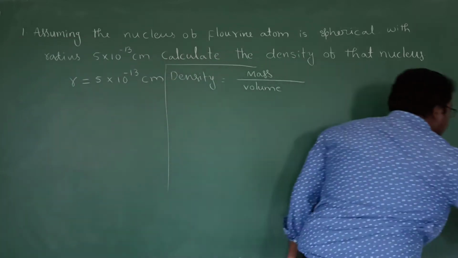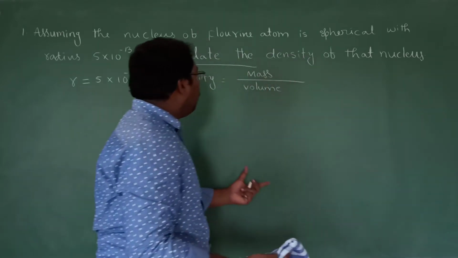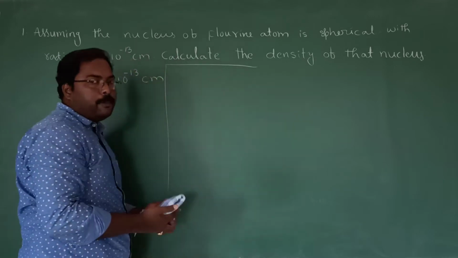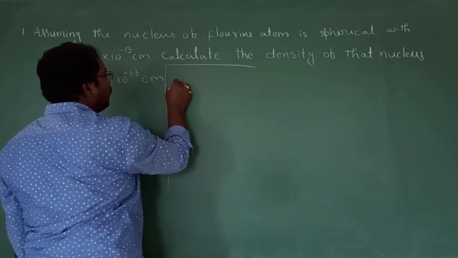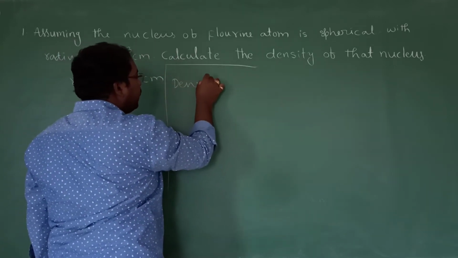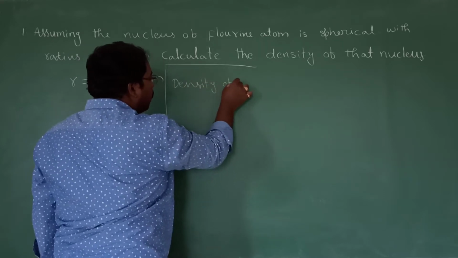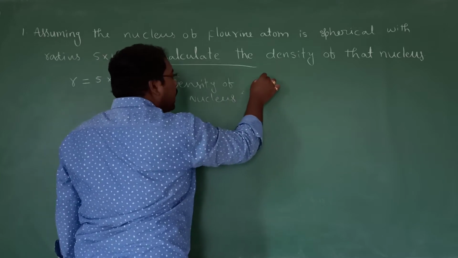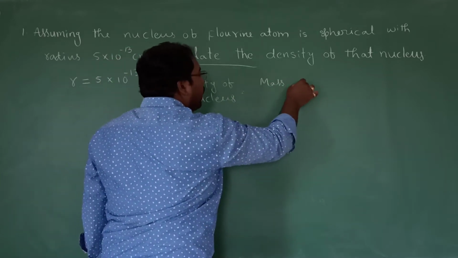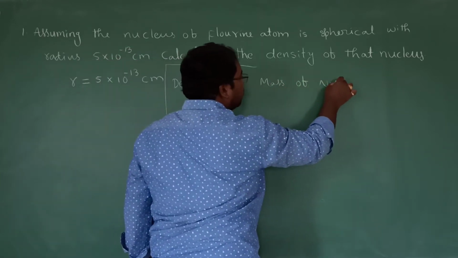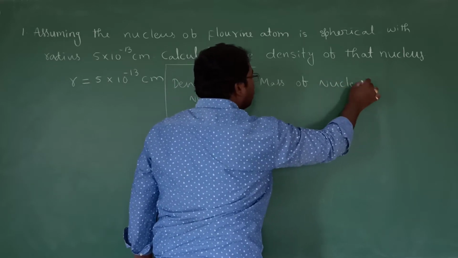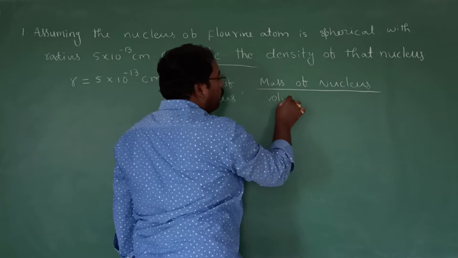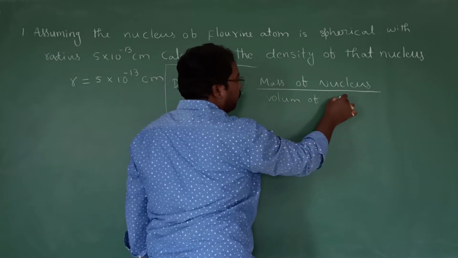Okay? For any substance, density is nothing but mass by volume. So coming to the nucleus, how will we find the density of the nucleus? In the same simple way: mass of nucleus divided by volume of the nucleus.